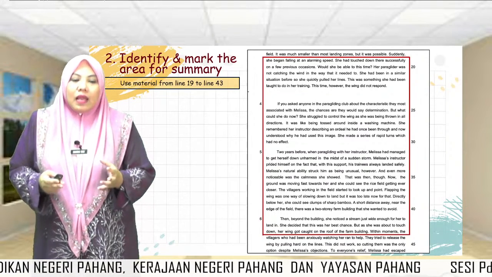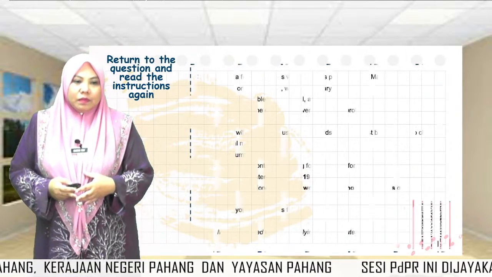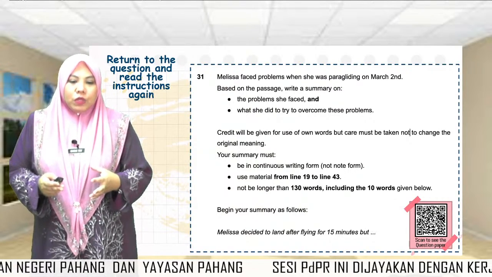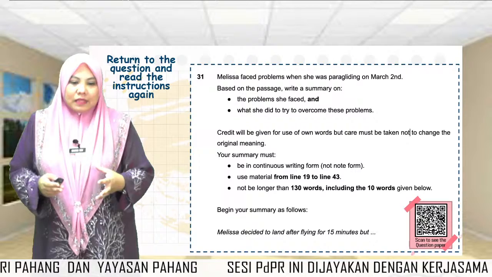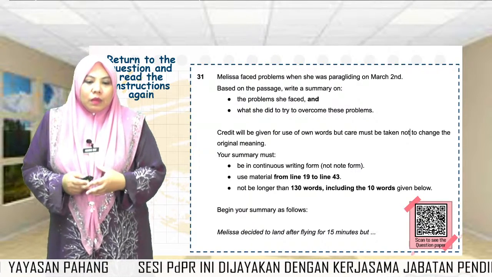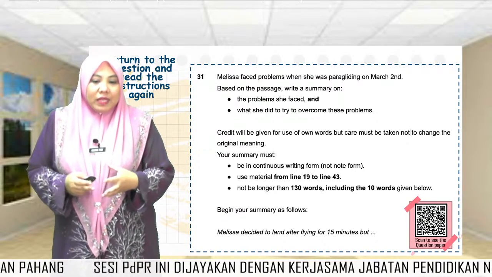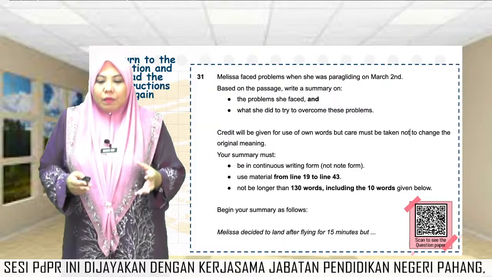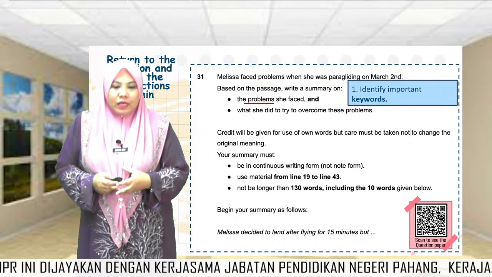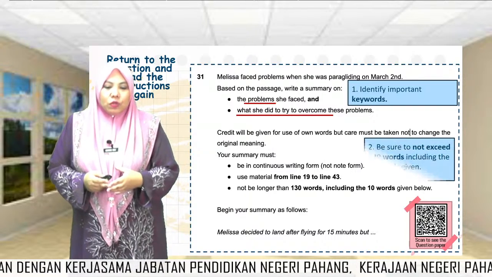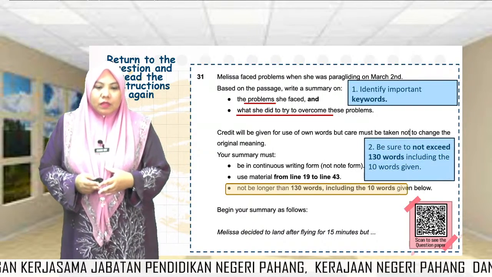Now, let's return to the question paper and read the instructions again. Melissa faced problems when she was paragliding on March 2nd. Based on the passage, write a summary on, number 1, the problem she faced, and number 2, what she did to try to overcome these problems.